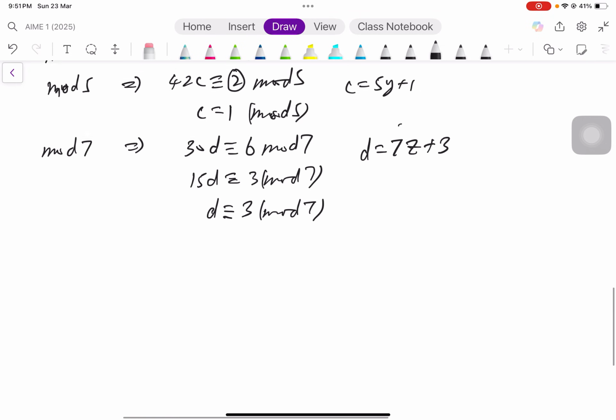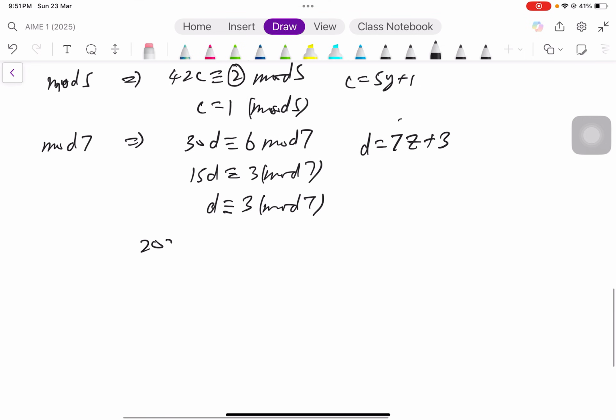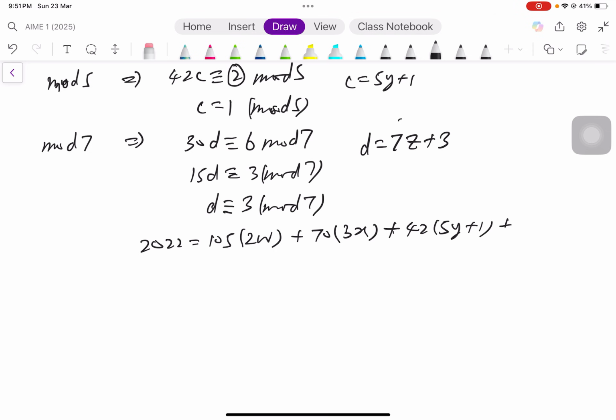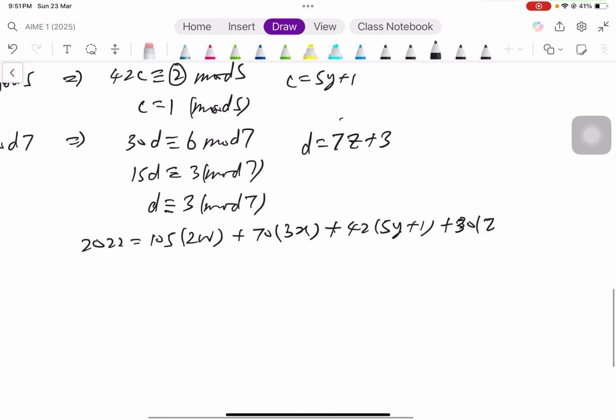Therefore, 2022 is equal to 105 plus 2w, plus 70 times 3x, plus 42 times (5y plus 1), plus 30 times (7z plus 3).